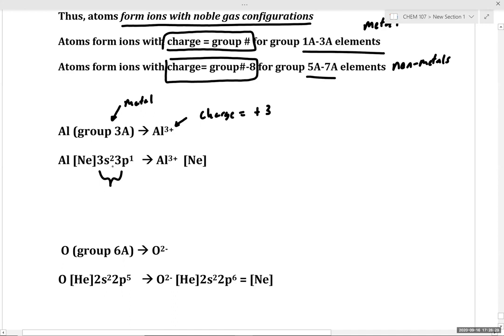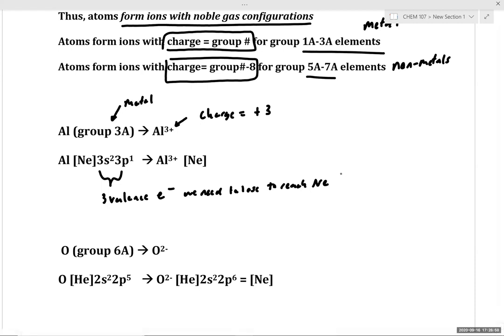So how many electrons do we need to lose to get to neon? Yes, 3 electrons, exactly right, because this configuration has 3 valence electrons that we need to lose. Does this idea make sense, that you're losing or gaining valence electrons to reach the closest noble gas?